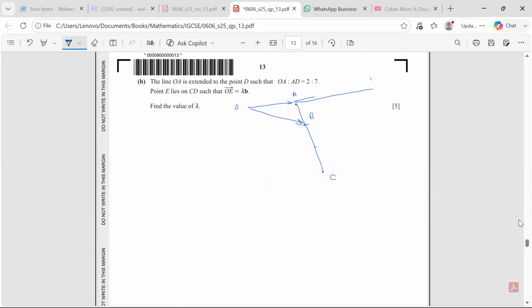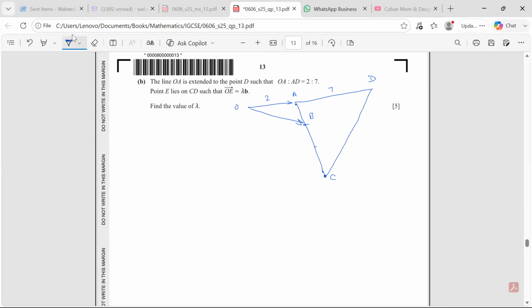So this is point D. Now this is interesting: OA to AD, so between O and A, and A to D, they have a ratio of 2:7. Okay. Point E lies on CD. Now CD is this thing.